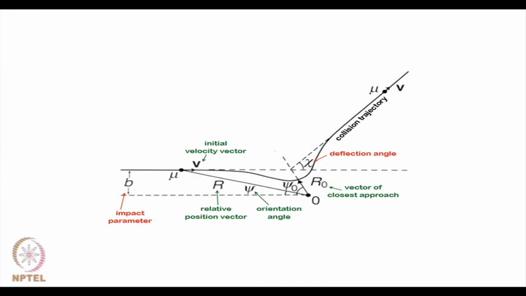Then the idea of centrifugally corrected potential, and finally we talked about the calculation of the differential cross section, and how 2 situations can be obtained. Like when d theta dB is 0 or sin theta equal to 0, then 2 singularities may be obtained. So, these will be taken up in the next lecture. So, till then, thank you.